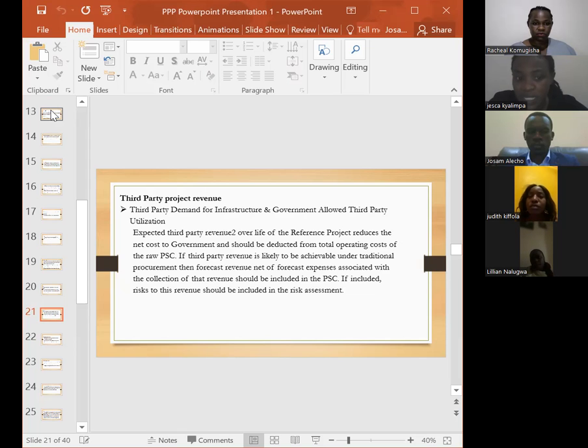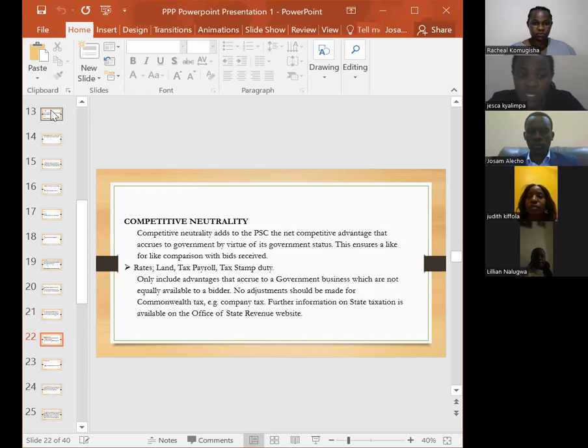The other component of the PSC is competitive neutrality. Now, this component is the competitive advantage that accrues to the government by virtue of its government status. Give an example. In Uganda today, all aid-funded projects that are carried out by government ministries and government agencies are exempted from payment of VAT, value-added tax.